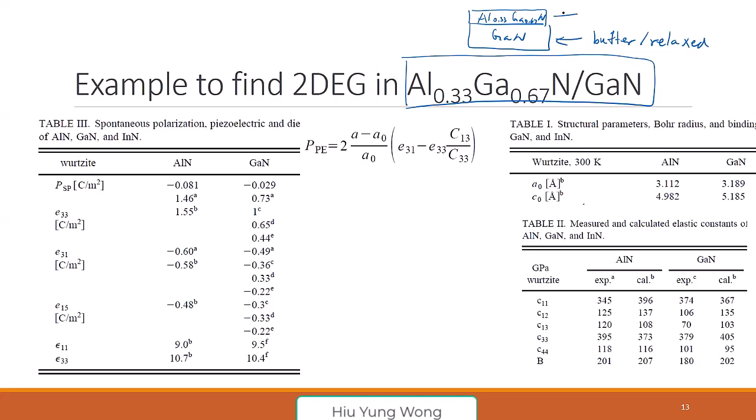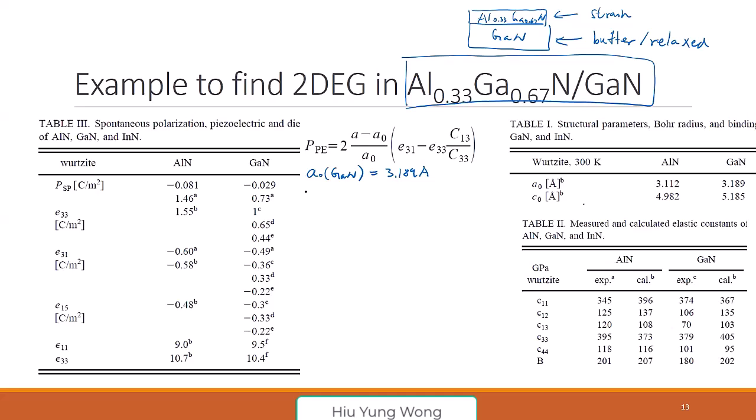And then this top layer is going to get strain, because you need to match the lattice constant. So before all of this, I need to calculate the lattice constant. What is the equilibrium lattice constant for gallium nitride? Just check the table. A0 is 3.189. That's it. Easy.